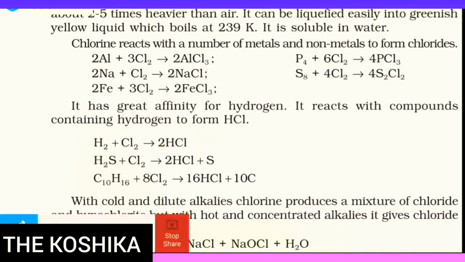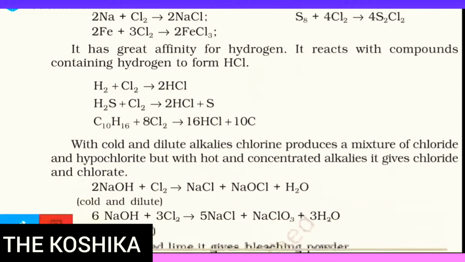And when it reacts with other compounds which have hydrogen, like H2S, it replaces the sulfur from H2S and forms 2HCl, and sulfur is free. Similarly, chlorine reacts with the hydrocarbon and replaces the carbon very easily, and hydrogen is accepted by the chlorine molecules, so it is converted into HCl.